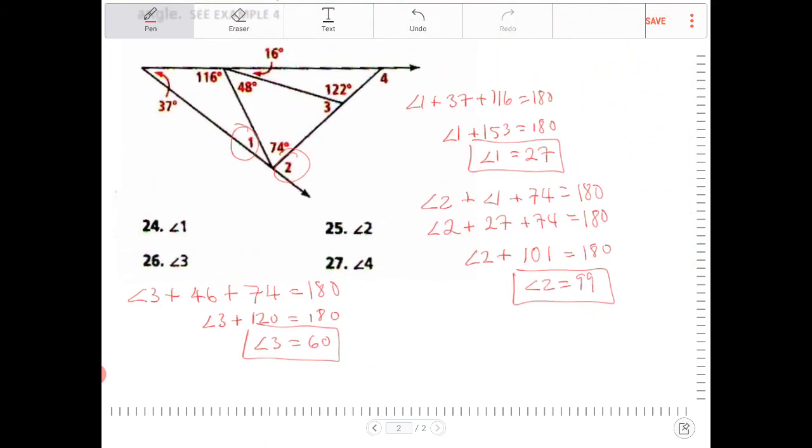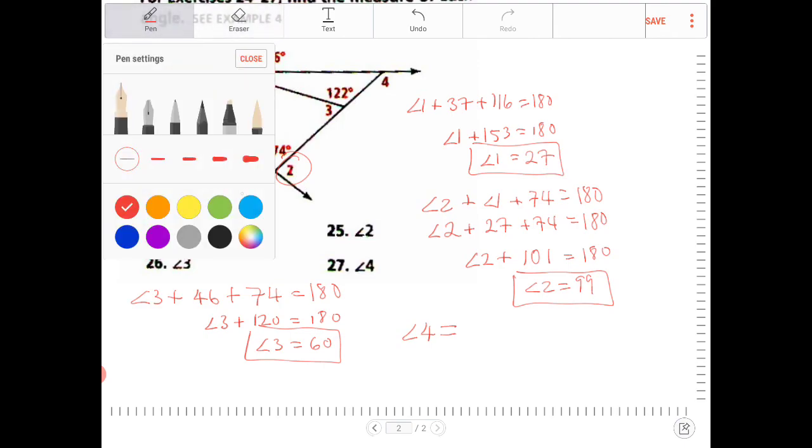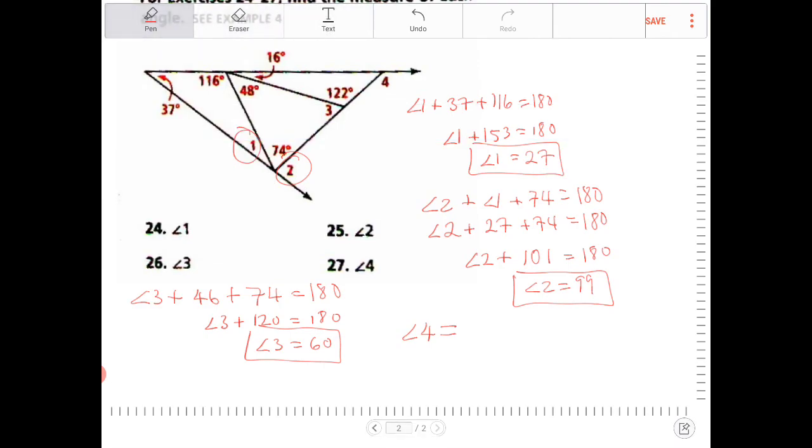And then there was the last one here, number 4. So I know that angle 4 will equal this, and I want to highlight this, it's an exterior angle theorem again, will equal this angle plus this angle, right?